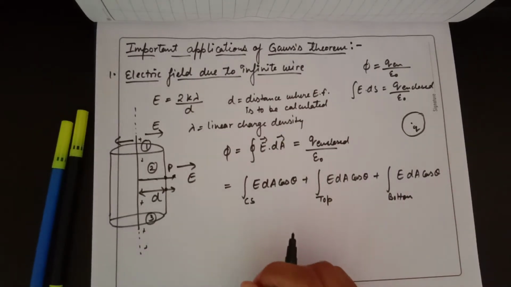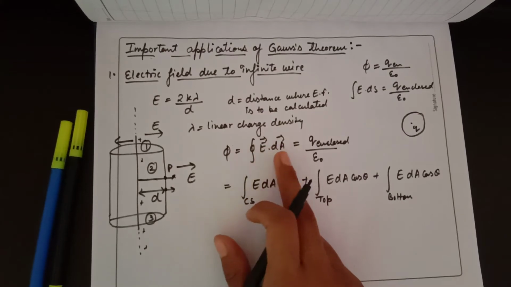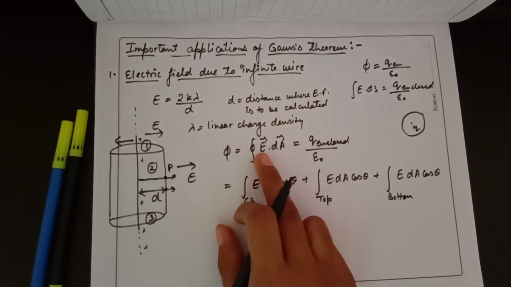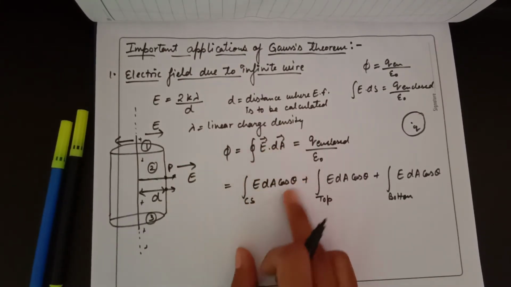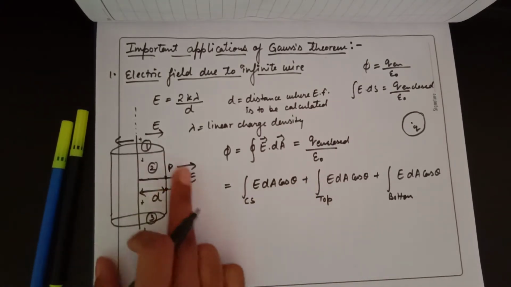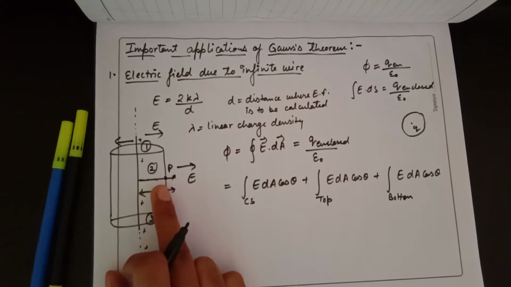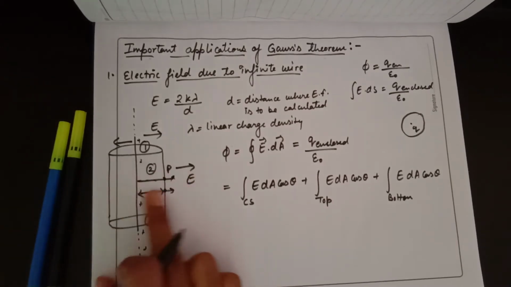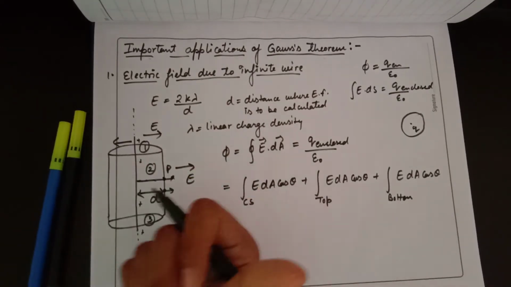So now you will see the direction or the angle between E and dA to calculate theta. For the curved surface, if I take the area vector of this curved surface, it will be outward.